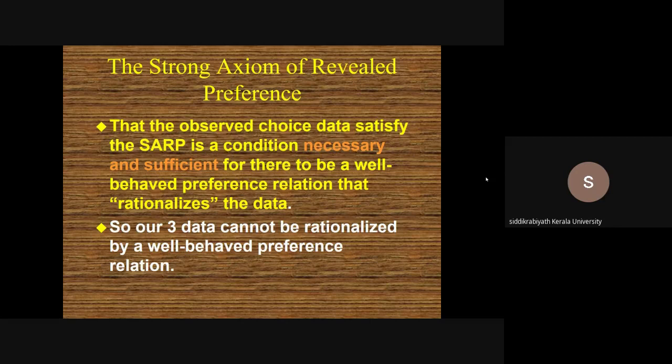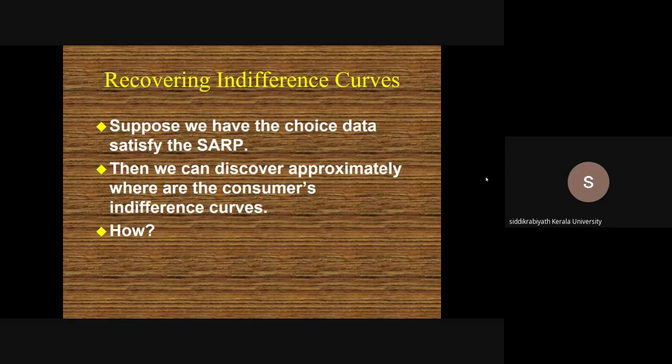So our three data cannot be rationalized by a well-behaved preference relation. That is the result. Now, covering the indifference curve, suppose the choice data satisfy the strong axiom of revealed preference, then we can discover approximately where the consumer's indifference curves are.